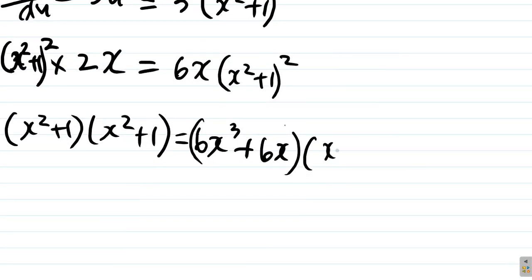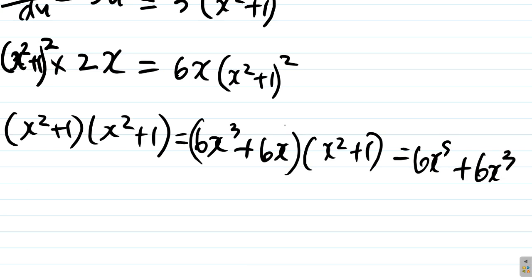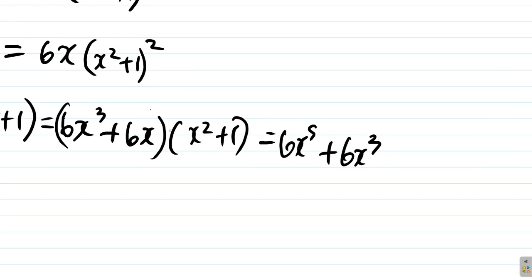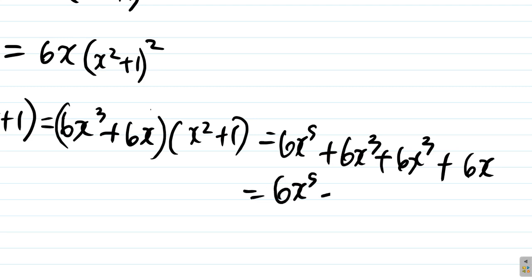So we get 6x cubed times x squared, which is 6x to the 5, plus 6x cubed times 1, which is 6x cubed. Then we have 6x times x squared, which is plus 6x cubed, plus 6x times 1, which is 6x. So all of this amounts to 6x to the 5 plus 12x cubed plus 6x. Alright? That's what we see.